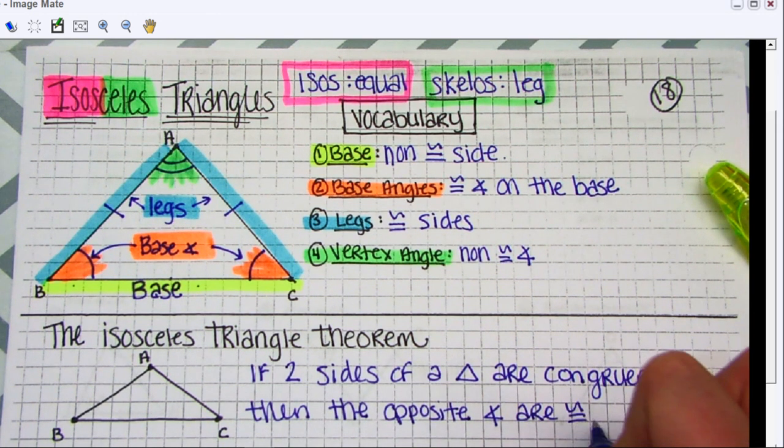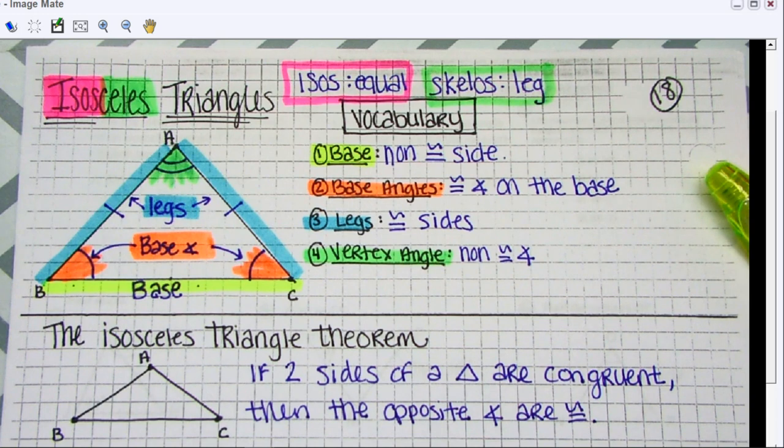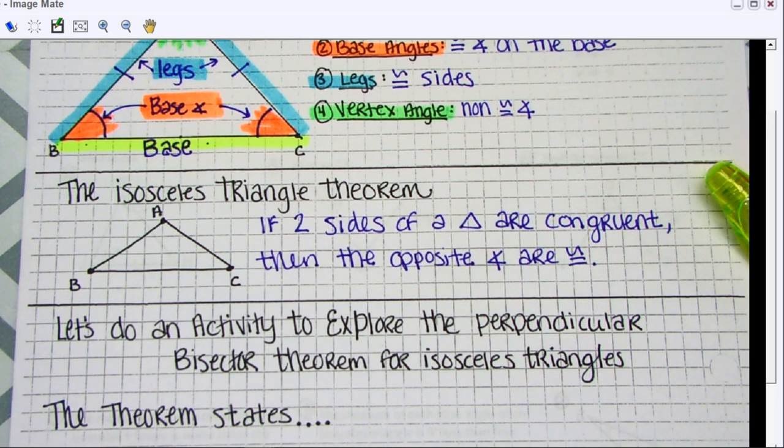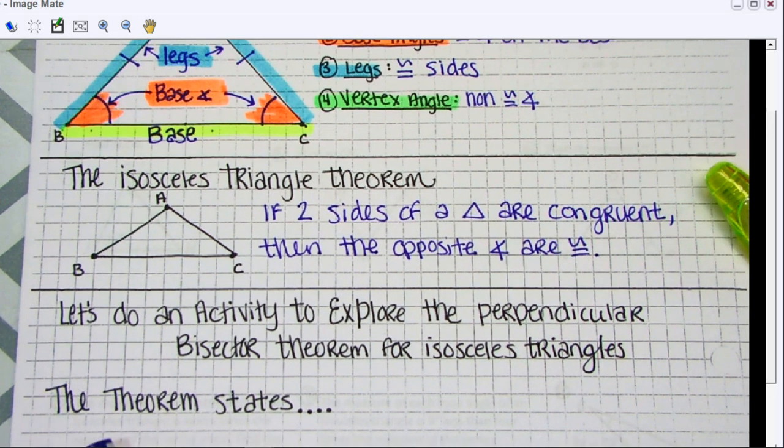Okay, we're using symbols. We've got the angle symbol, triangle symbol, congruent symbol. Oh, let me move that up for you. There you go. So what we're going to do is take the vocabulary we talked about up top and put it into words. It's called the isosceles triangle theorem.